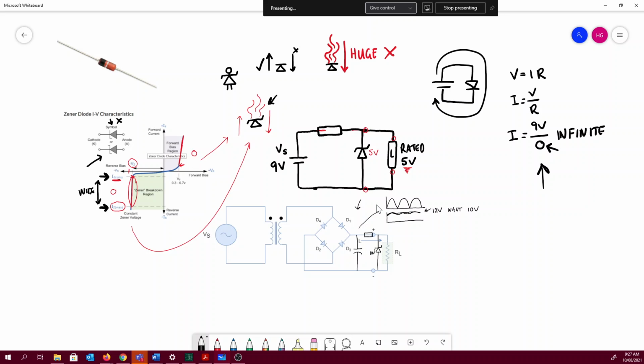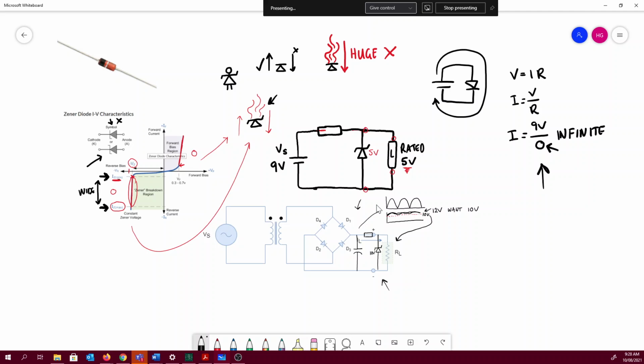And what that does is it regulates the voltage at the 10 volt level, that is below the level of our ripple. And so this load now sees a much smoother 10 volts because you've kind of cut off the ripples. And this is another situation in which you will see Zener diodes used.